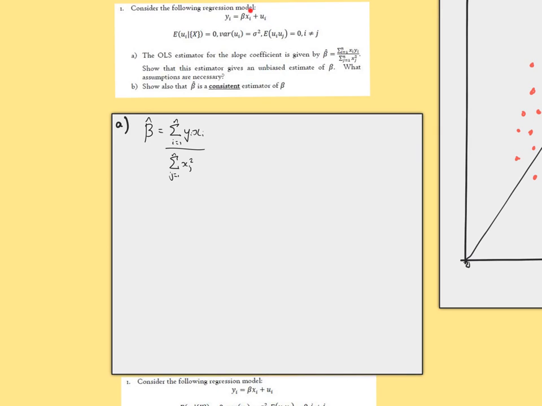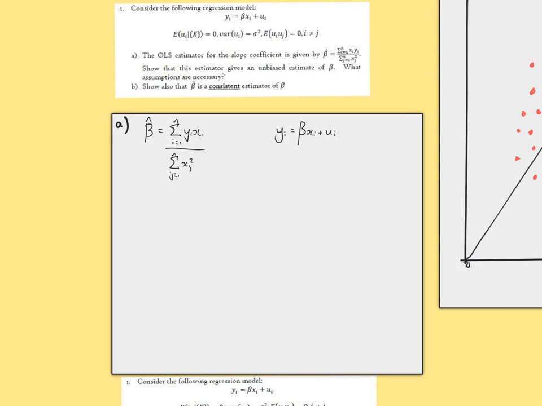We're told the data generating process here: yi is equal to beta xi plus ui. We're assuming that this is the true data generating process, so we've defined the model correctly.